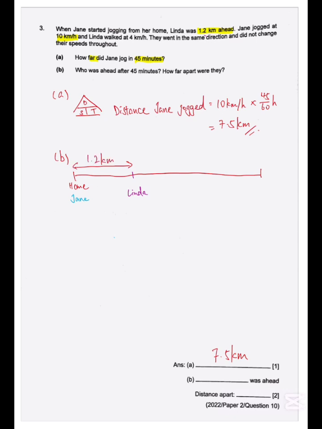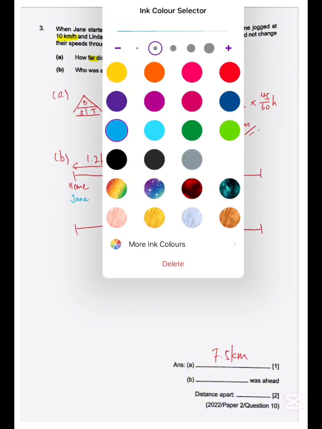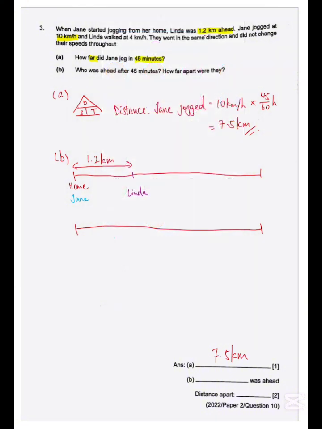Then after 45 minutes, what happens? Let's draw another line below this. After 45 minutes, we know that Jane jogged 7.5 kilometers, which we calculated in part A. So let's say this is Jane now.